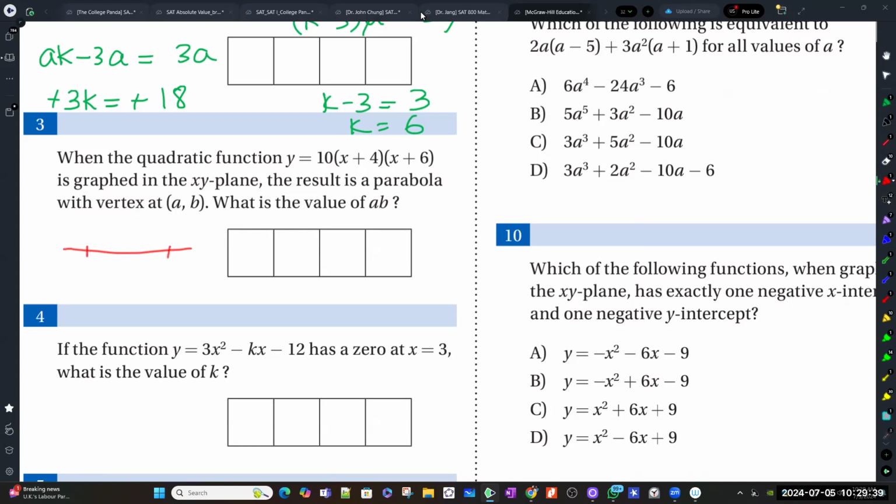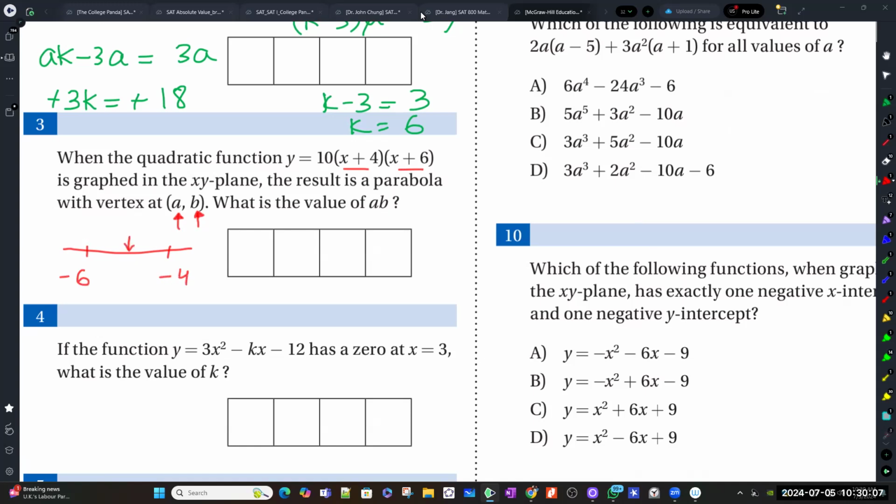The other proper method of solving is to find the value of A and B. Which one do we find first? A or B first? A. And in order to find A, we take the help of what? The zeros and the roots. -6 and -4.